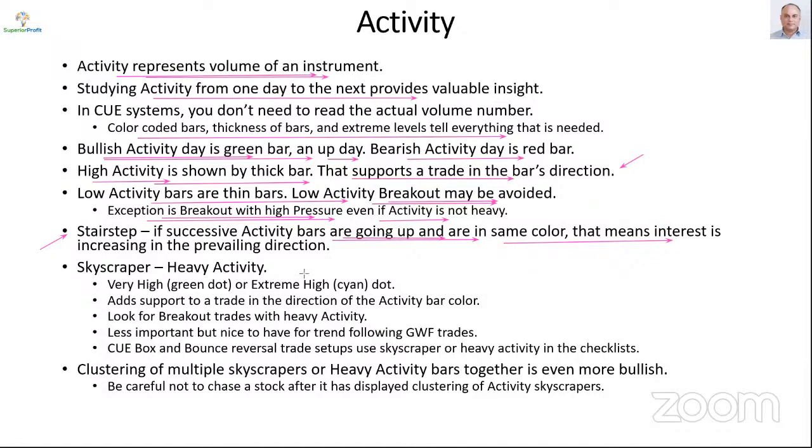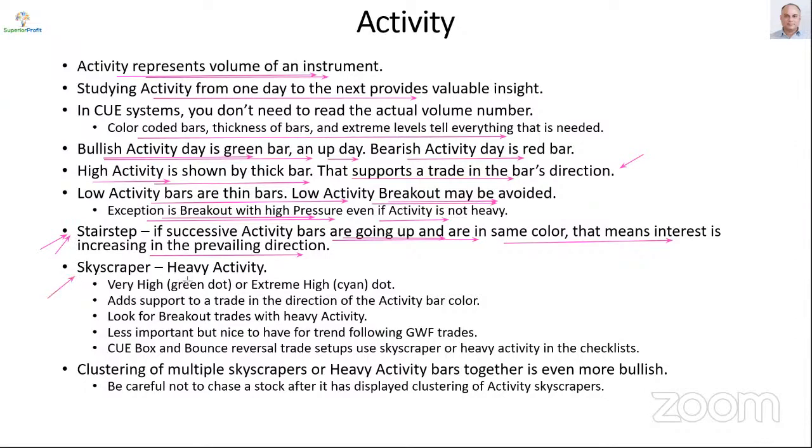That means interest is increasing in the prevailing direction. So we don't use it as a trade checklist, but the more we go through charts, keep an eye on these indicators, how to read them, how to read the formations, we get an idea whether more buyers are coming in or not. So stair step is something we keep an eye on.